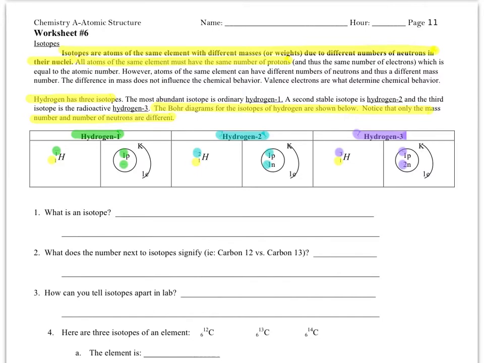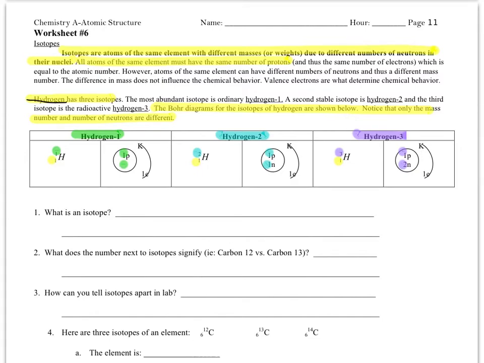But carbon can have slightly different versions that have different numbers of neutrons. And as long as it's got 6 protons, it's still carbon. And carbon's not the only atom like this. So if we look at hydrogen, for example, hydrogen has 3 isotopes.